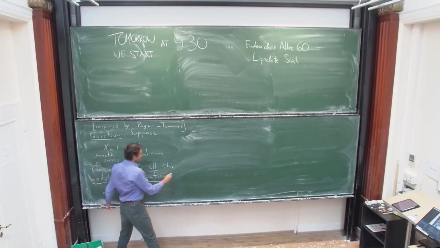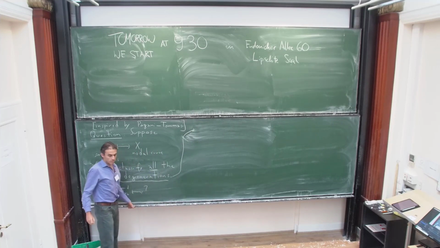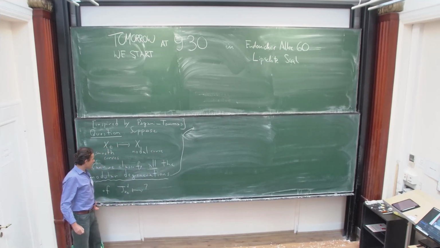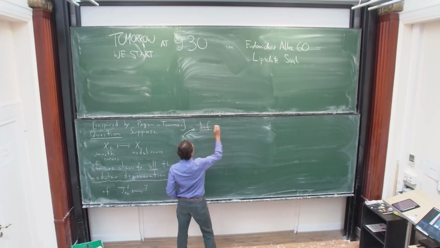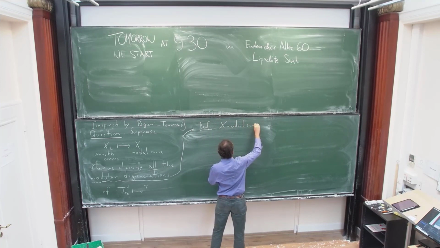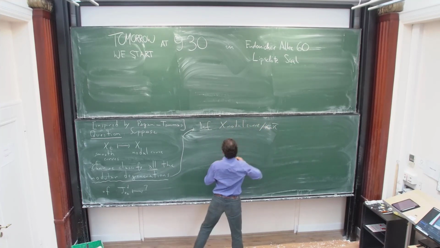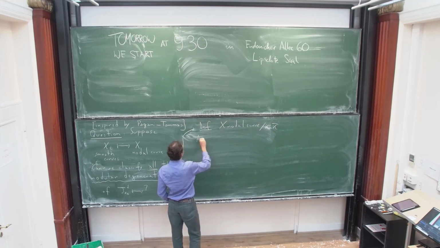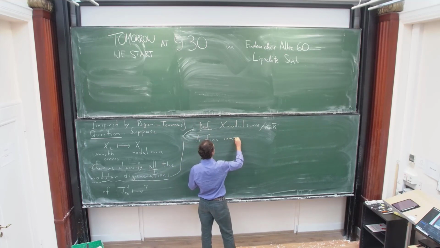So, what do I mean by modular degeneration? So I mean the following. Definition. Suppose X is a nodal curve over an algebraically closed field. Then I want to look at fine compactified Jacobians.